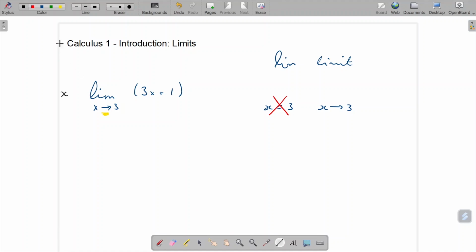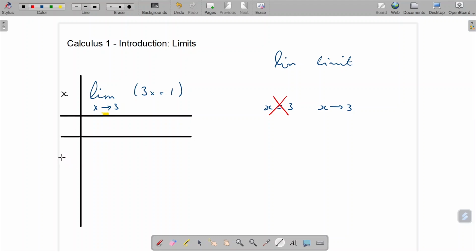Okay, so let's draw in a bit of a table here and see what happens. We can have a look at just one or two more values.